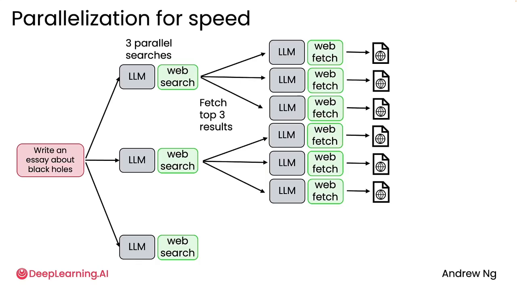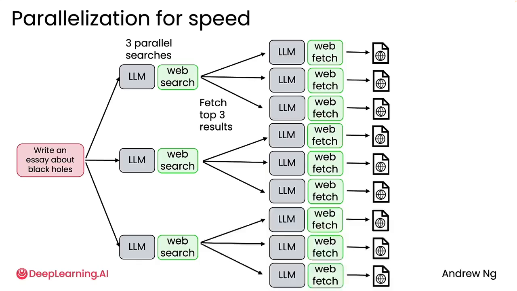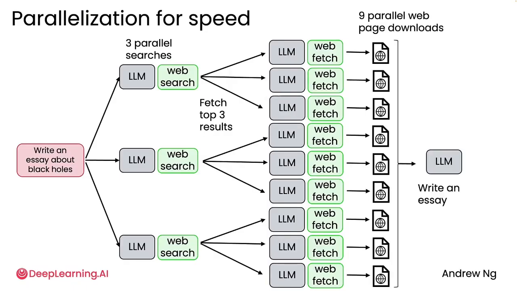And based on the second web search, it may identify a second set of web pages to fetch, and so on. Whereas a human doing this research would have to read these 9 web pages sequentially, one at a time, when you're using an agentic workflow, you can parallelize all 9 web page downloads, and then finally feed all these things into an LM to write an essay.